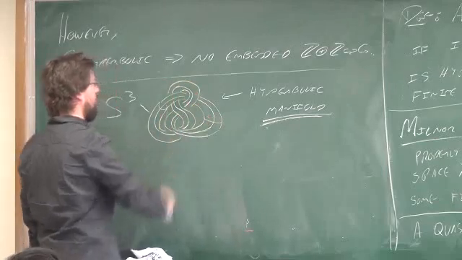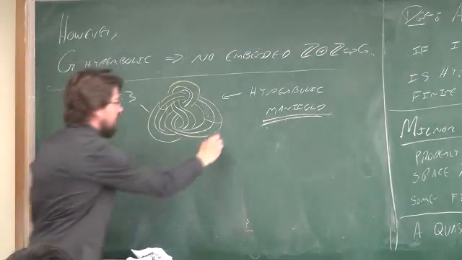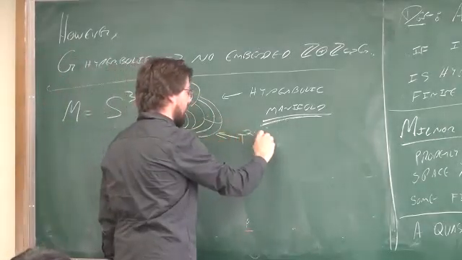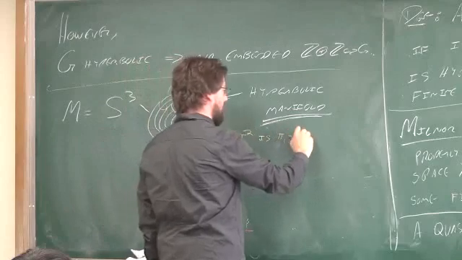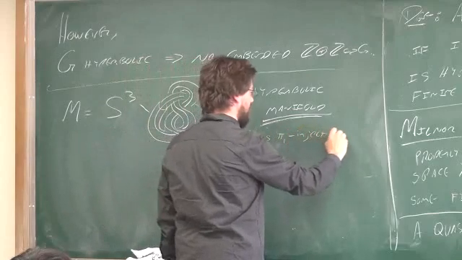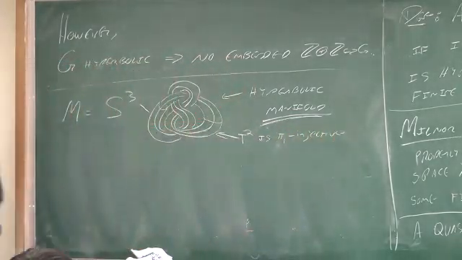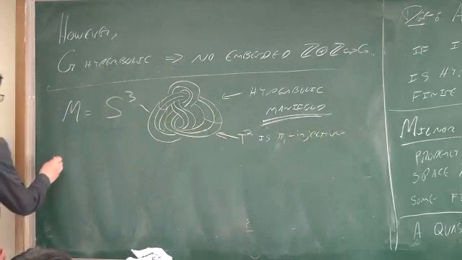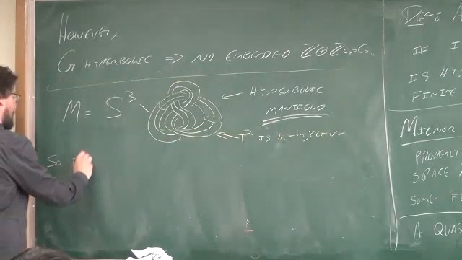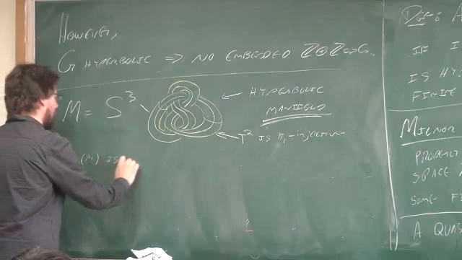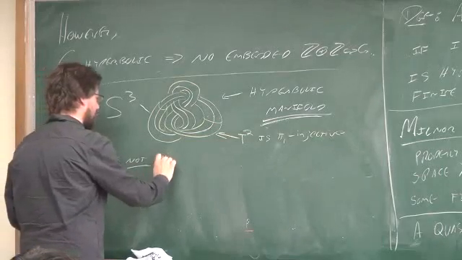Okay. So this torus is pi-1 injective. Okay, the fundamental group of a torus is Z plus Z. So that says that pi-1 of M here is not hyperbolic.